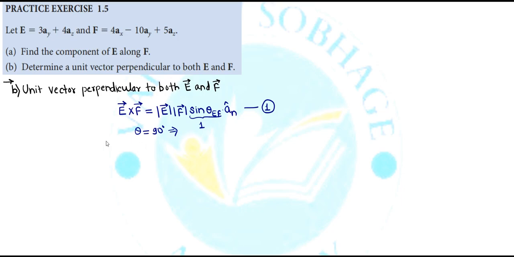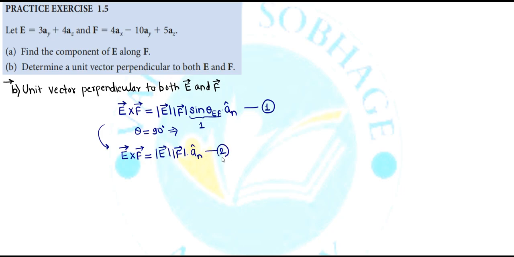So equation 1 can be rewritten as E cross F equals magnitude of vector E into magnitude of vector F, times the value 1 and this n cap over here.